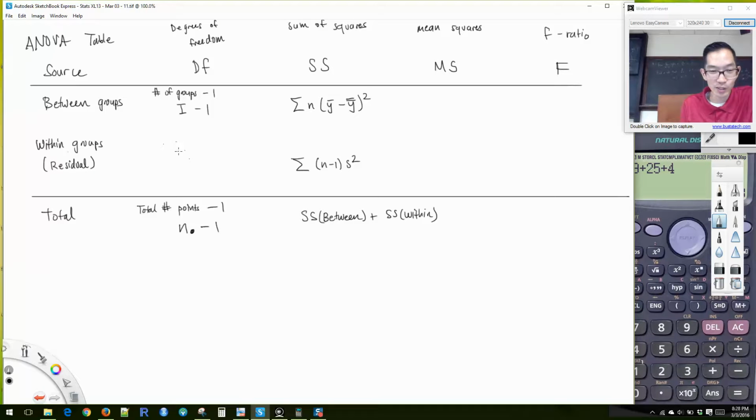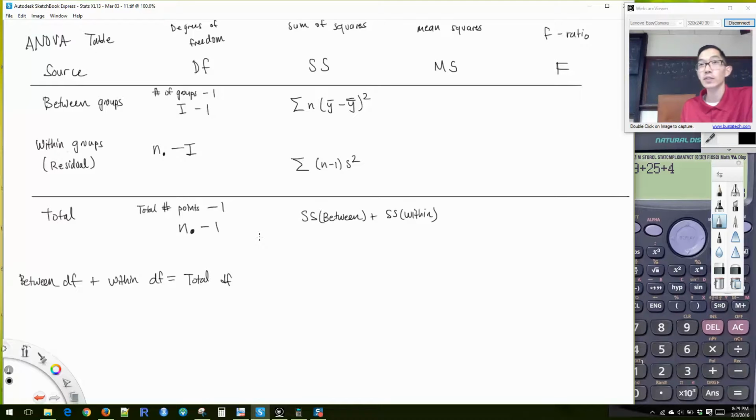So basically, it's however many degrees of freedom you need so that everything adds up to the total. In this case, it's going to be n dot minus I. Basically, between df plus within df must equal total df. So that relationship holds.